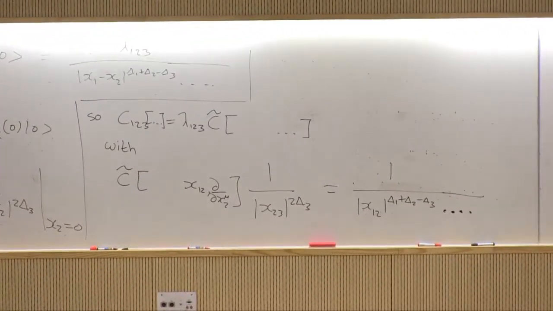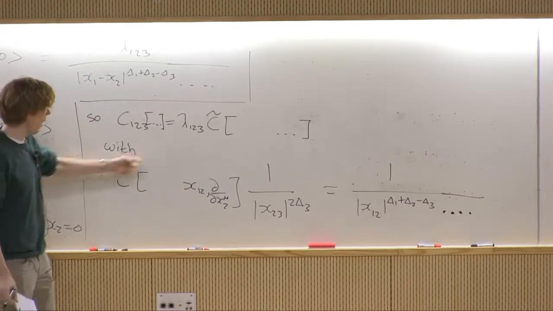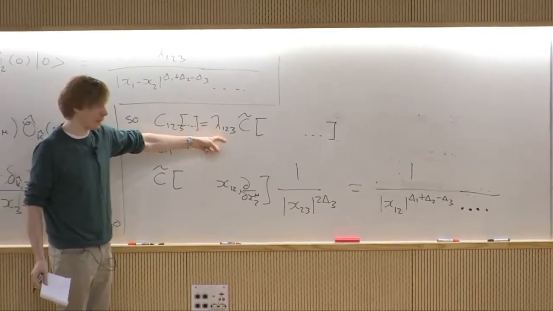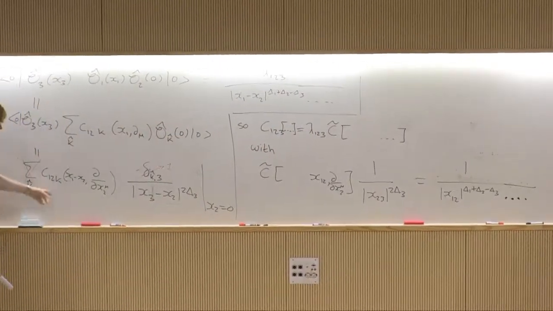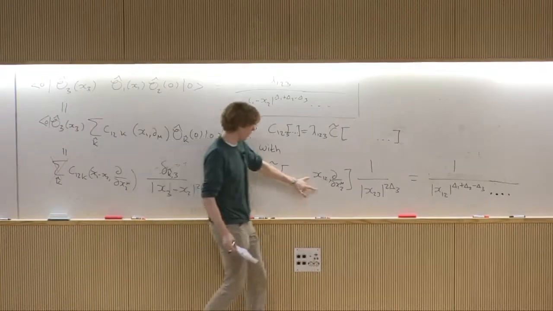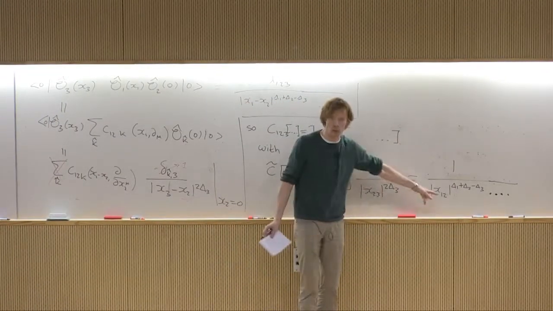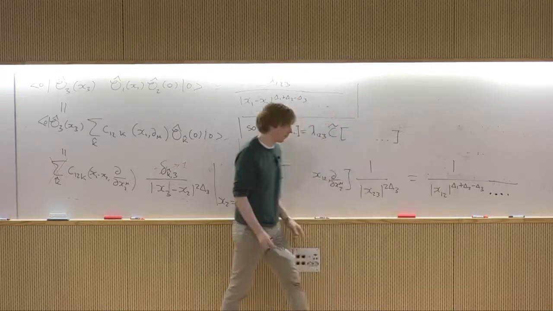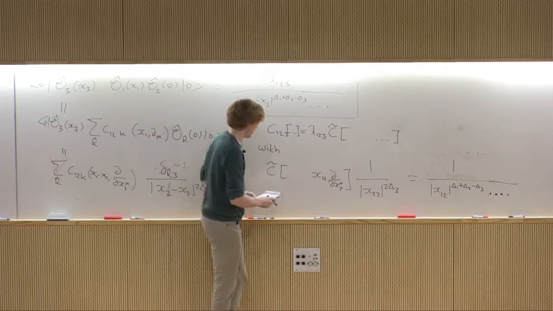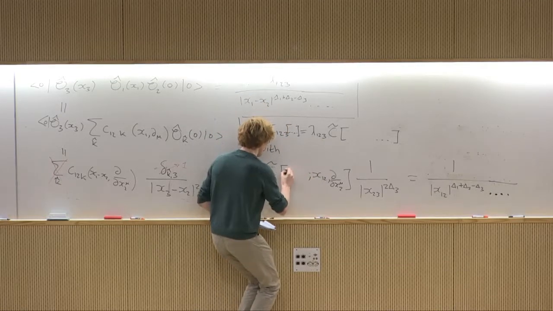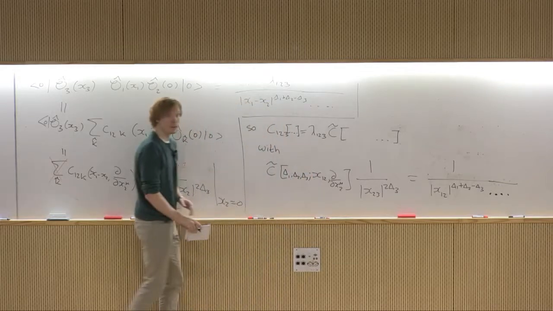Right, so this is what C tilde must do in order to reproduce this thing. The information that is theory dependent, the lambda 1, 2, 3, factors out of the C, and C tilde is just some complicated differential operator that when it acts on the 2-point function should reproduce the 3-point function. So this is an equation for C tilde, and we see that it only depends on the deltas involved.